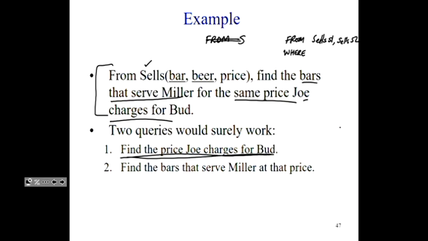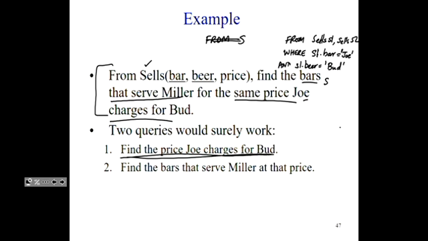Yep. Would it be S1 dot bar equals Joe, S1 dot beer equals Bud, and S2 dot beer equals Miller, and S1 dot price equals S2 dot price? You want to do it a little slower? Okay, so S1 dot bar is equal to Joe. Good. S1 dot beer equals Bud, yep. S2 dot beer equals Miller, and S1 dot price equals S2 dot price?